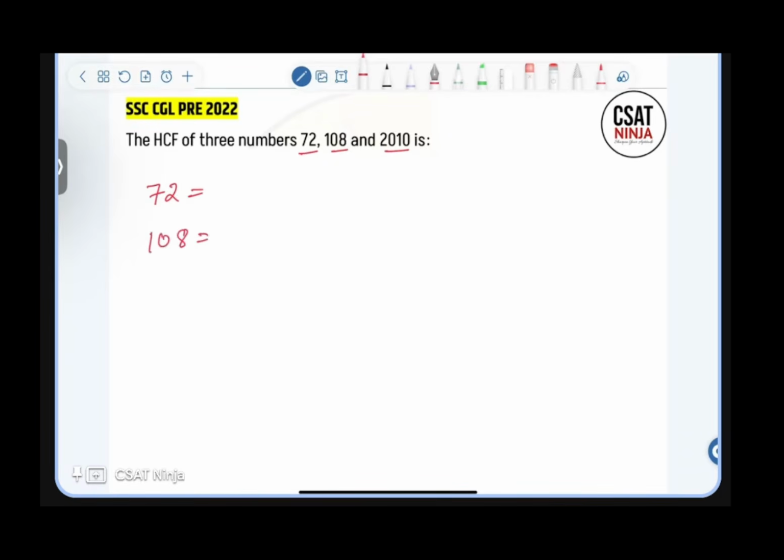You find the factors of this one, and the factors of 72. 2 3s are 6, 2 6s are 12, 2 8s are 16, 2 9s are 18, 3 3s are 9. So if I write this down, I'll have 2 into 2 into 2 into 3 into 3.